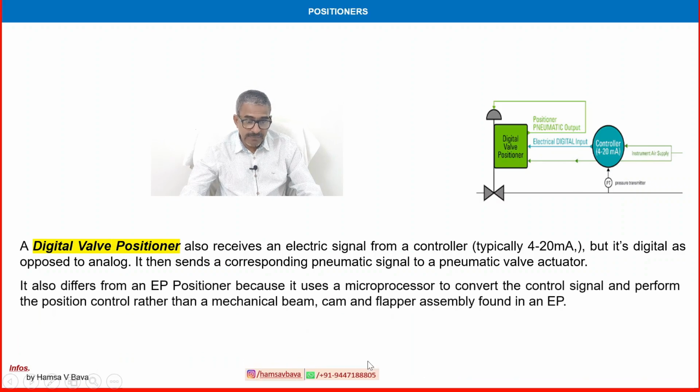It also differs from an EP positioner because it uses a microprocessor to convert the control signal and perform the position control, rather than the mechanical beam, cam and flapper assembly found in an EP. That is the constructional detail: the microprocessor is there in the digital positioner.